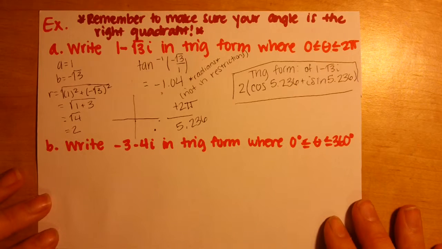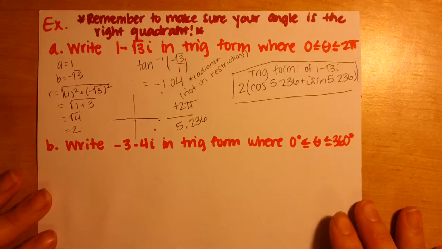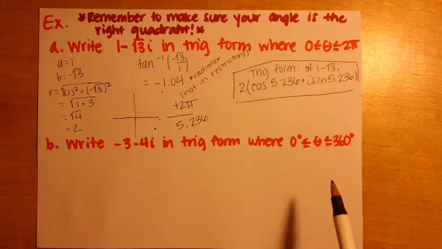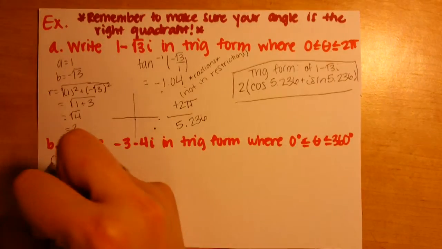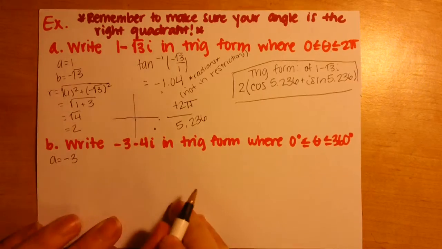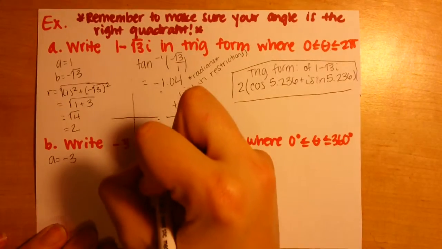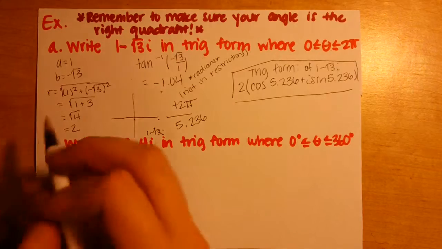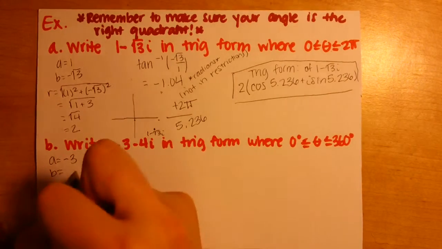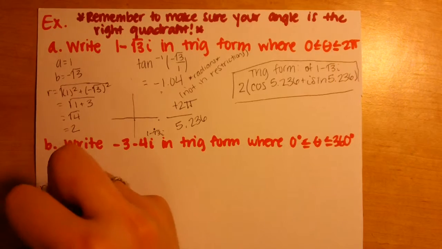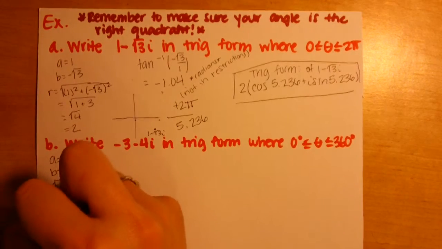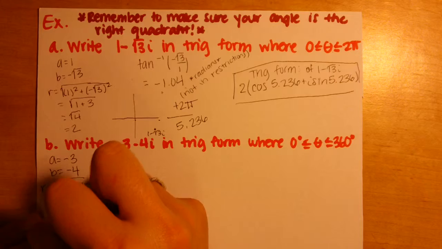We want to write negative 3 minus 4i in trig form, and now we're looking at degrees. So this one, our a is negative 3. Our b is negative 4. So r is the square root of negative 3 squared plus negative 4 squared.